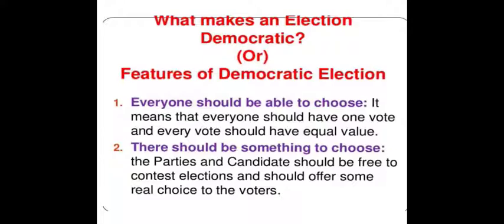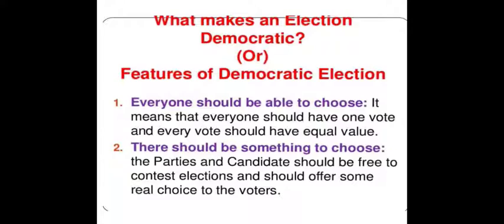And in China, power rests with the Chinese Communist Party. Once again, I am repeating, in China, power rests with the Chinese Communist Party. But in a democratic country like India, it is not like this. Power rests in the hands of people through their right to vote.